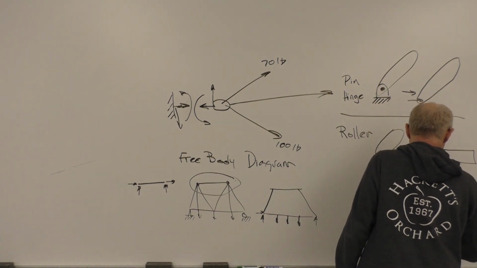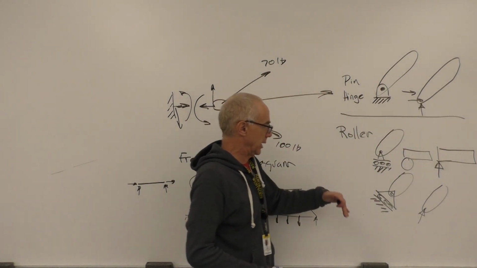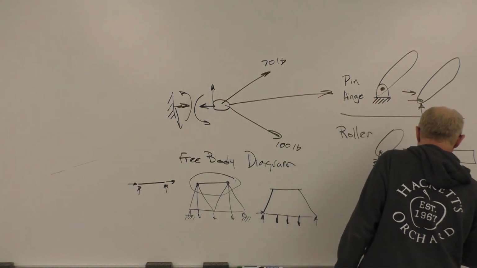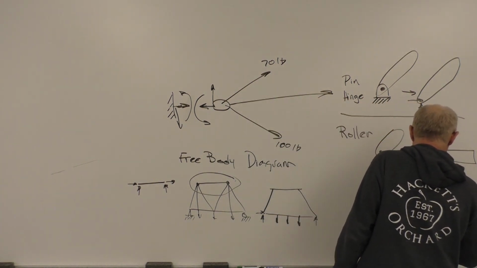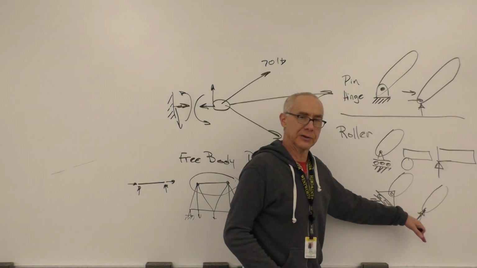So it'll have something like this. So you have a force, and it's essentially restraining motion perpendicular to this surface, but allowing motion parallel to that surface.